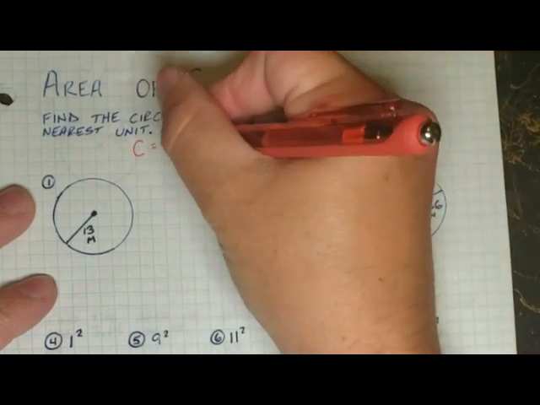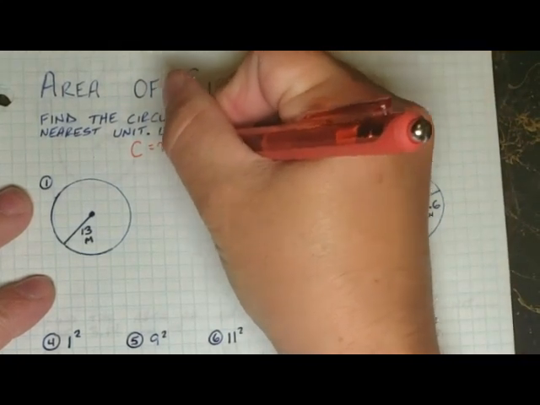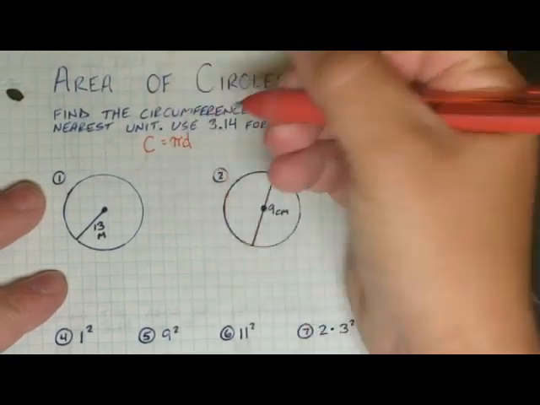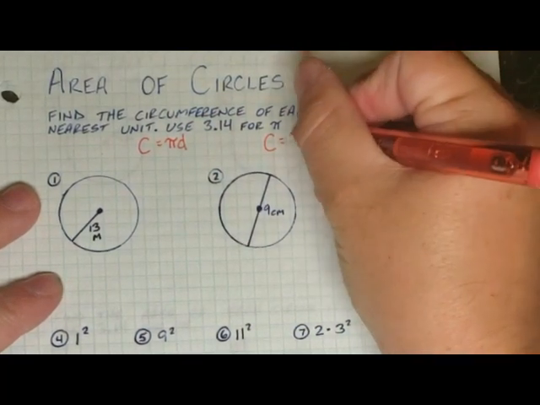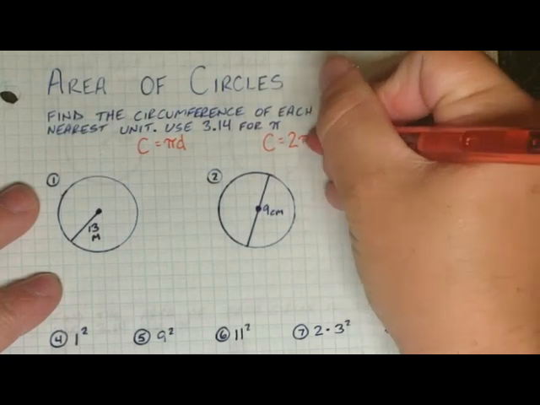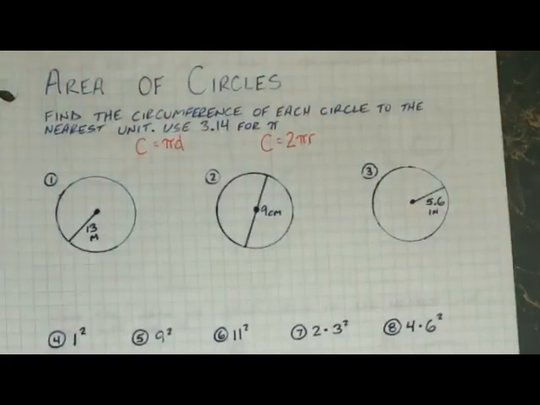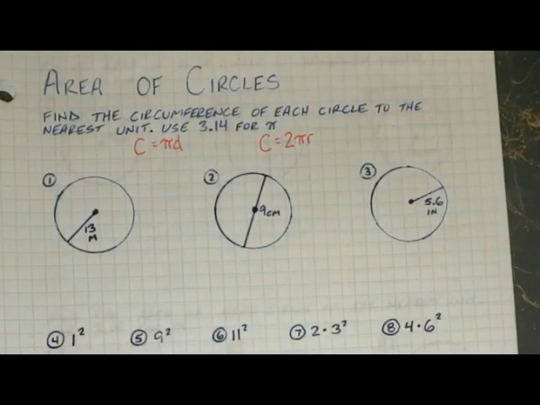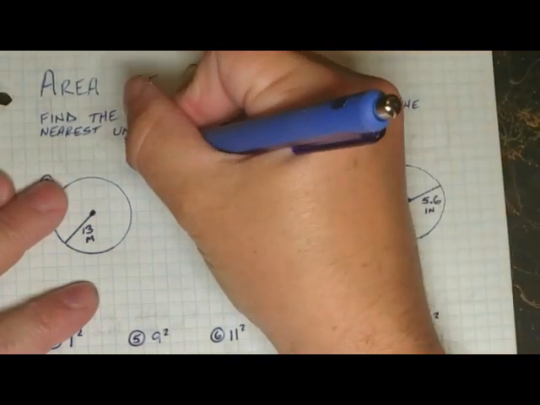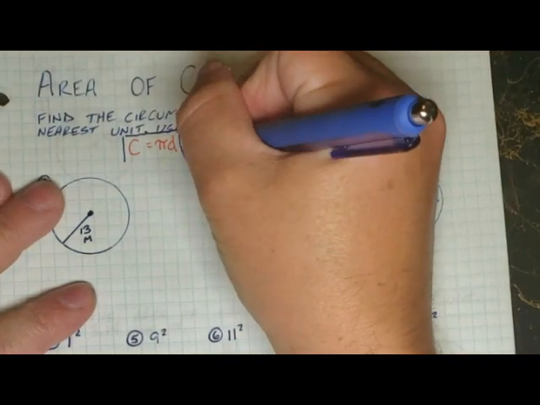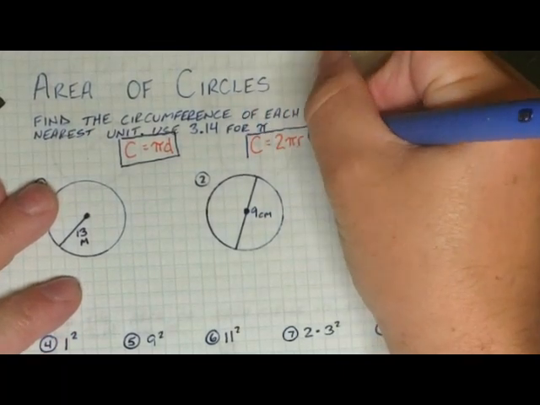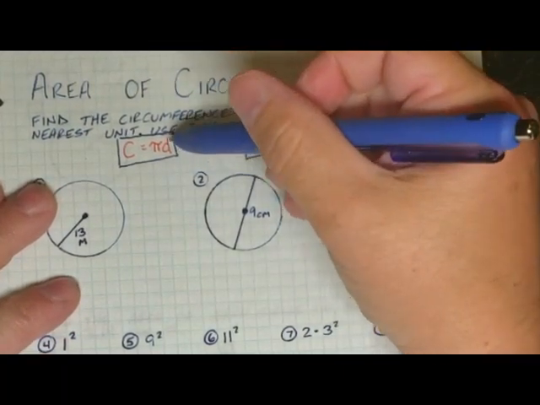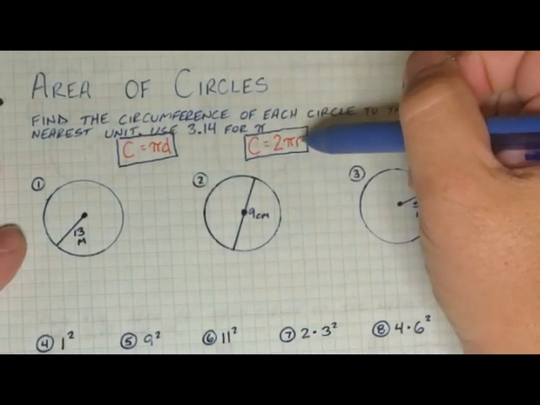The first is circumference equals pi times the diameter. The other one is circumference equals 2 times pi times r. And it's our job to figure out which one of these two formulas we are supposed to use to figure out these problems. You use this one if they give you a diameter. Use this one if they give you a radius.